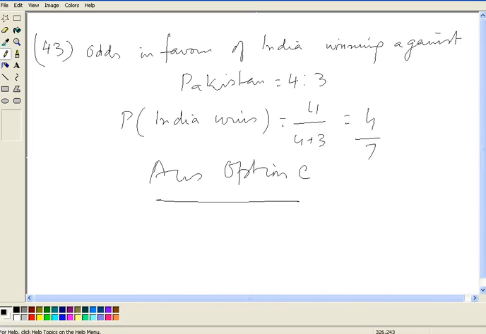Now probability of India winning against Pakistan is given by 4 divided by the sum of the elements of the ratio given, that is 4 and 3. So 4 by 7. So the probability of India winning a match against Pakistan is 4 by 7. So it is option C.